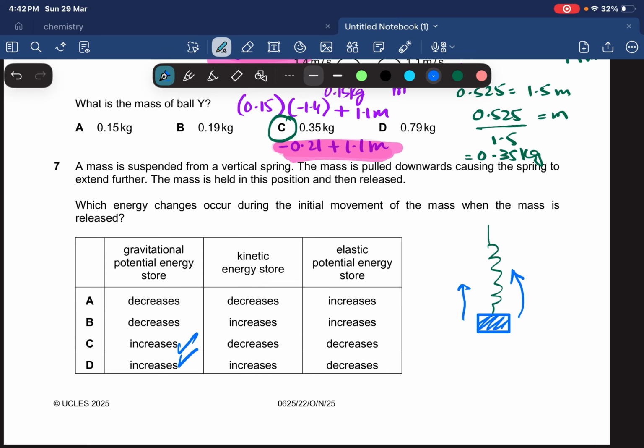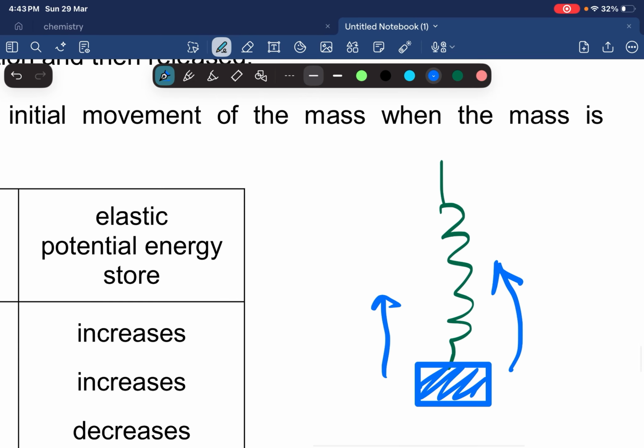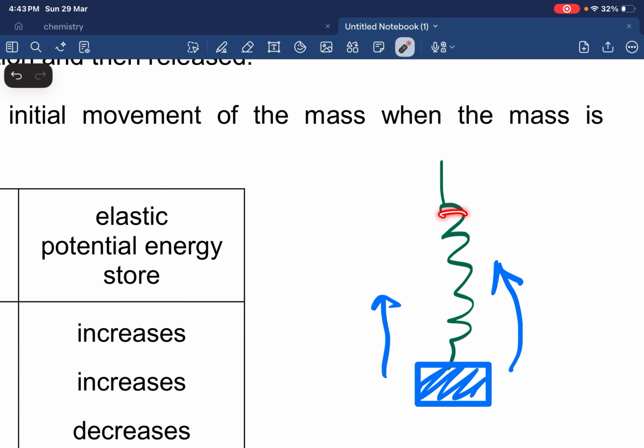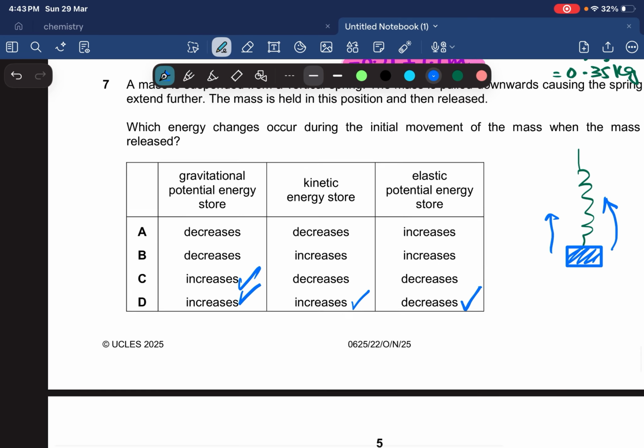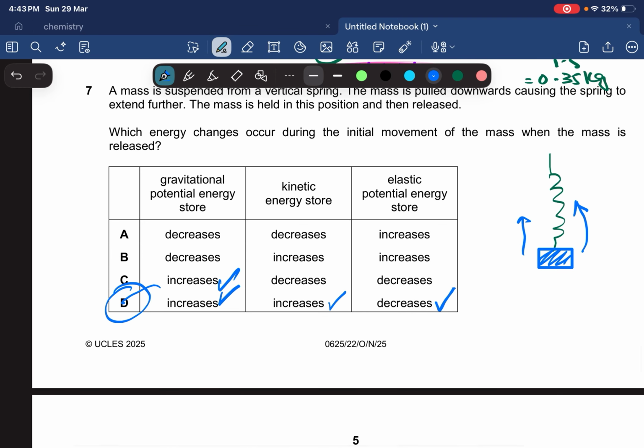It moves with a lot of speed, it accelerates upwards. An elastic potential energy, since the stretch is going to reduce. Firstly, it was more stretched, and when you release it, it's going to be less stretched. So the elastic potential energy is going to decrease. You just have to imagine that you have a spring that's unstretching.